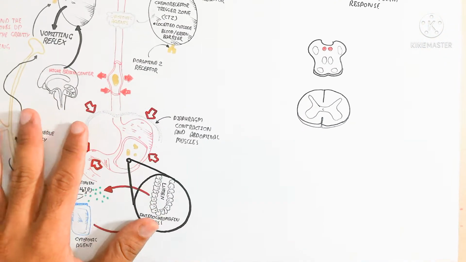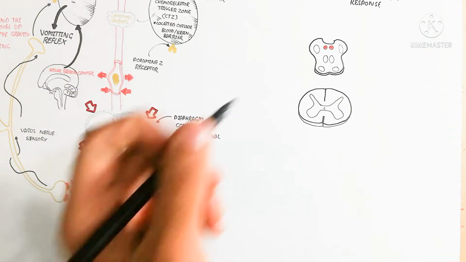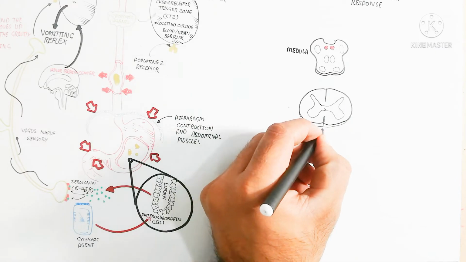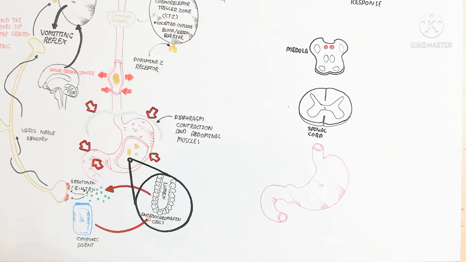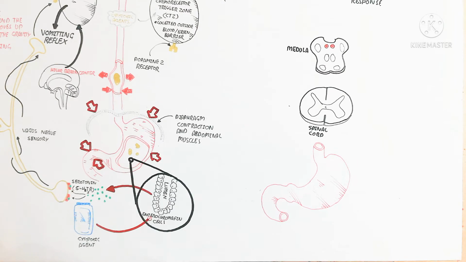Here you can see the medulla oblongata as well as the spinal cord. The spinal cord is basically responsible for the emetic reflex. Here we will discuss the digestive tract.